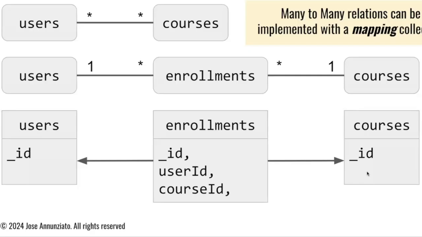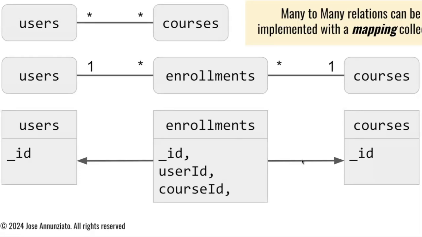Otherwise, you could run into an inconsistency, where maybe we only removed it from the user or we only removed it from the course. So from the user's point of view, you are unenrolled from the course, but from the course's point of view, you are enrolled. So we want to avoid those inconsistencies. So perhaps we might avoid implementing separate arrays on both sides.